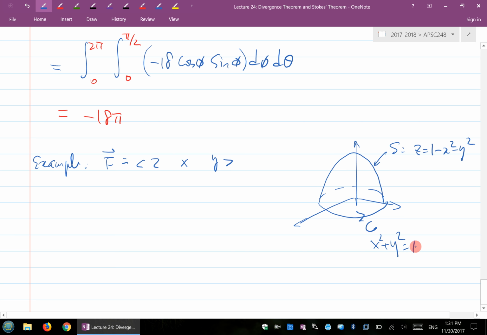Apparently curve C is x squared plus y squared equals 1. And we want to evaluate this line integral using Stokes theorem. Is it 2xy or is that xy? This one here? Z.